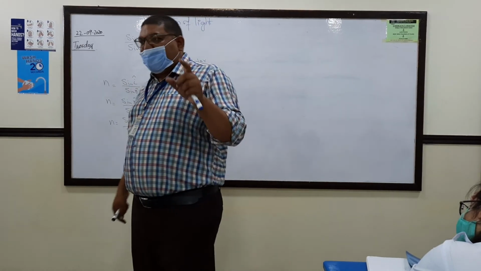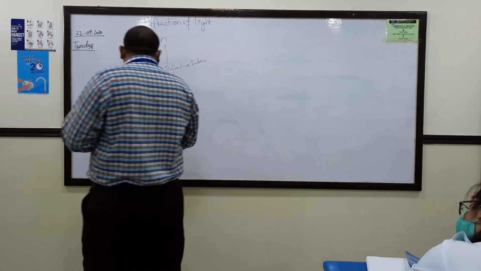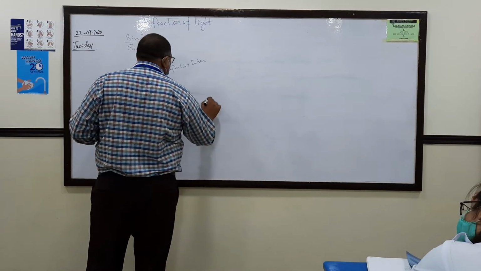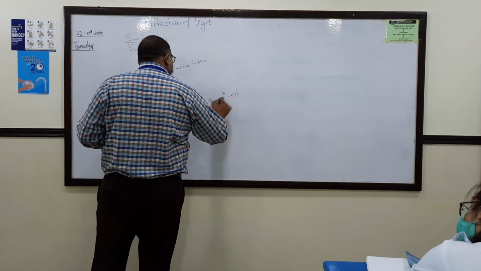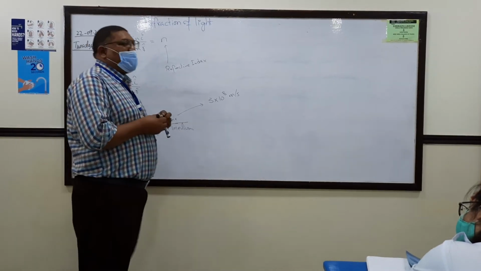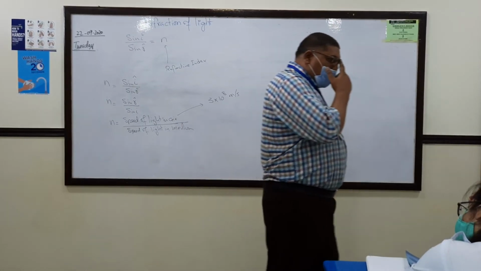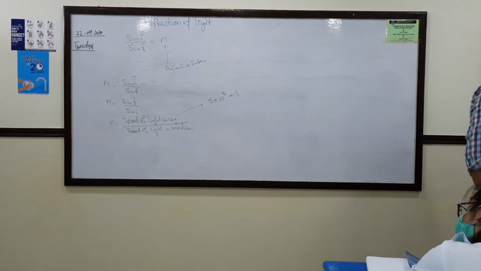The speed of light in air or in vacuum is a famous number, and it can also come in your MCQs. The speed of light in vacuum or in air is 3 × 10^8 meters per second.